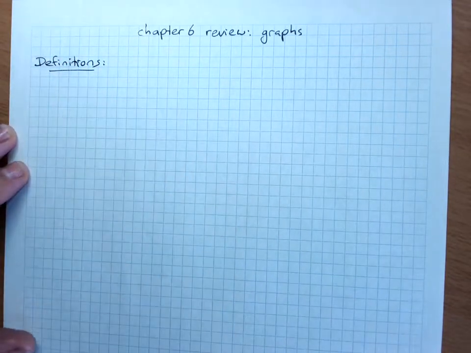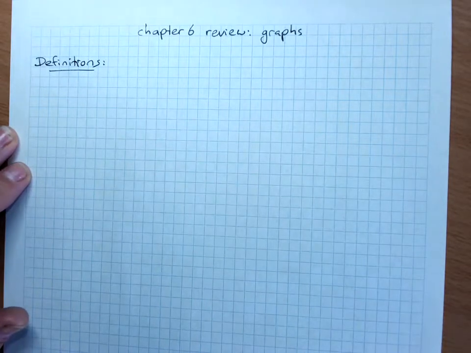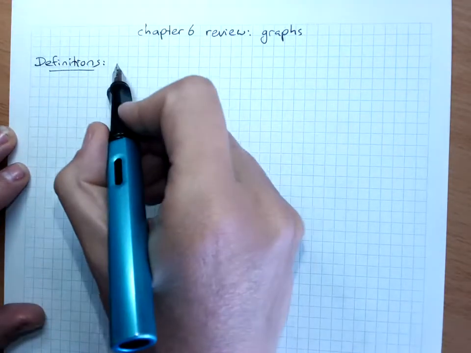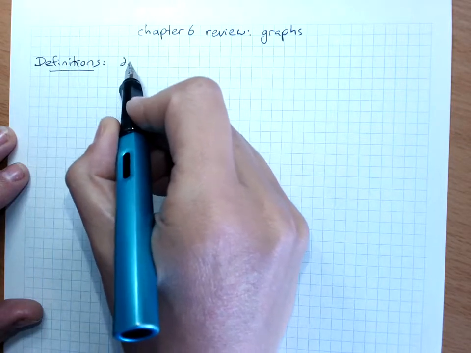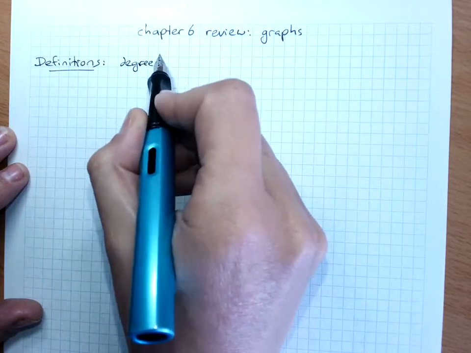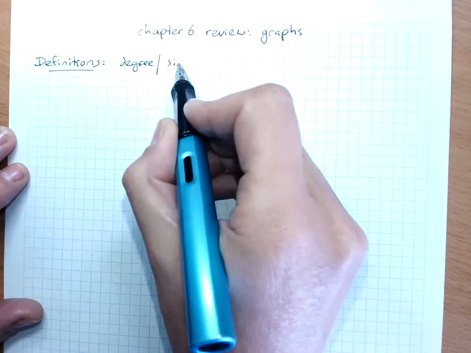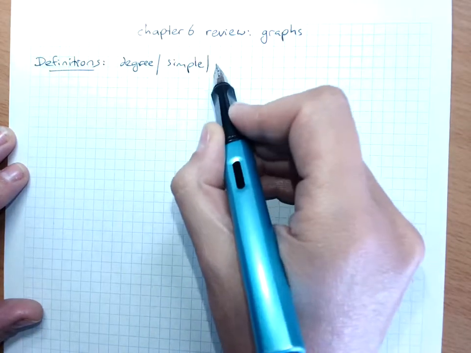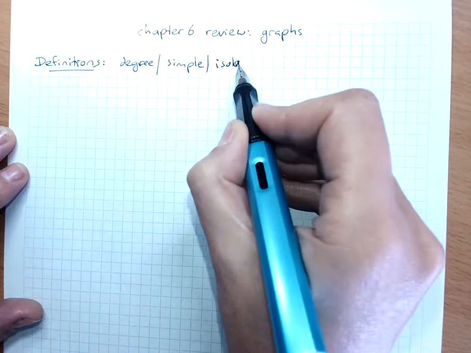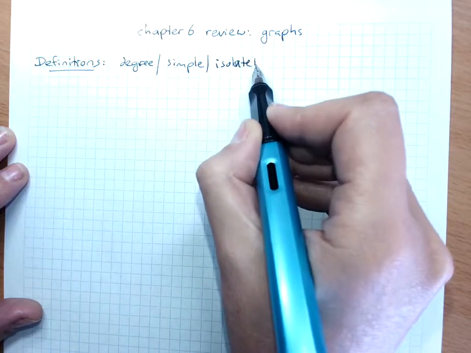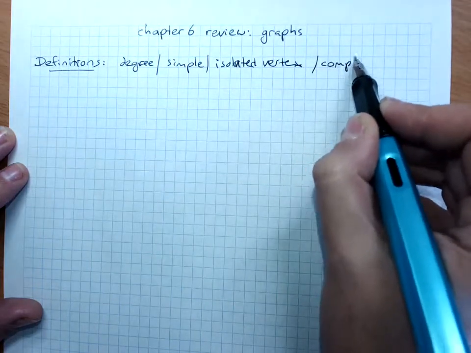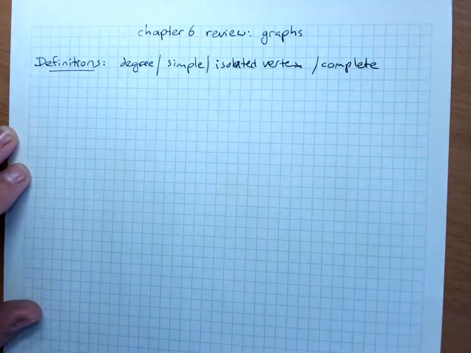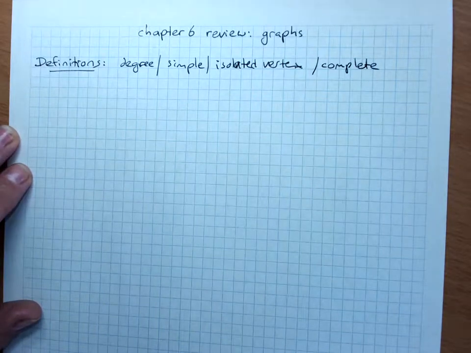I'd rather probably not go through exactly all the definitions, but you'd want definitions for degree, simple graphs, isolated vertex, a definition for a complete graph. Now all of these are just things that you probably want to have handy.